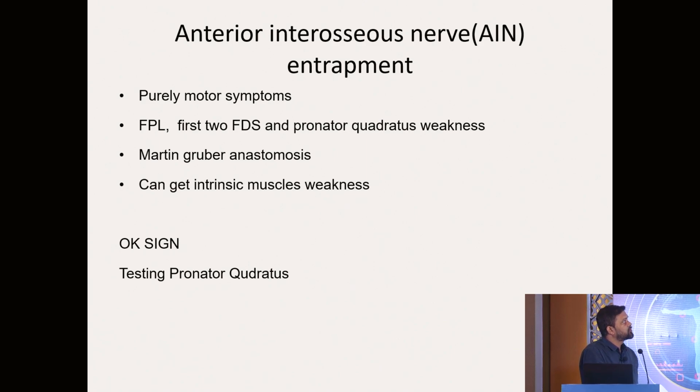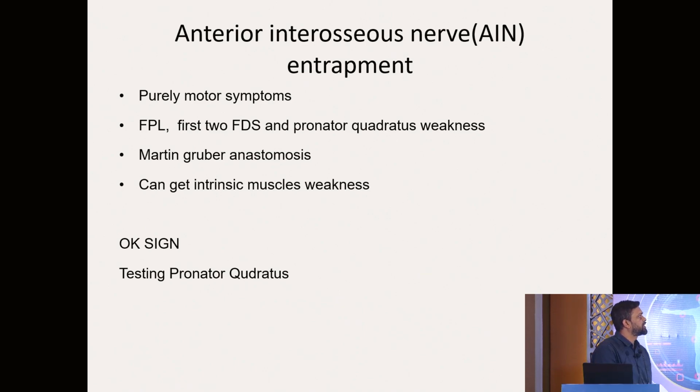How will you check for the pronator quadratus muscle power? Not like this, because that is pronator teres, which measures pronation. This is for the pronator teres, not for pronator quadratus.